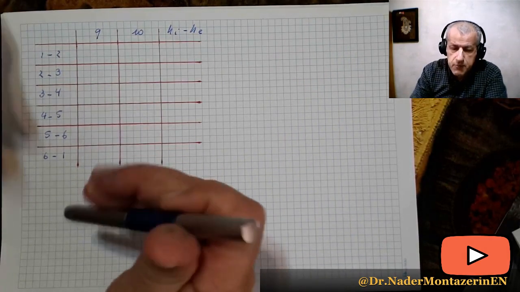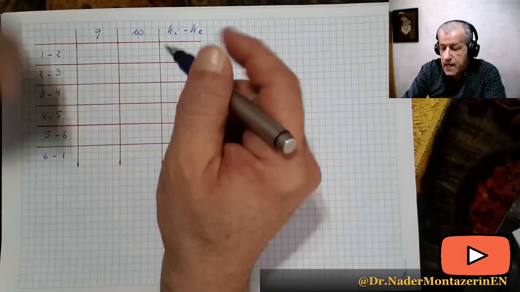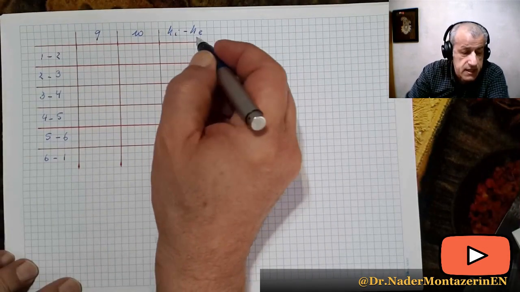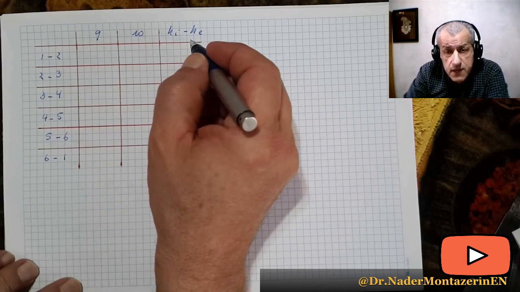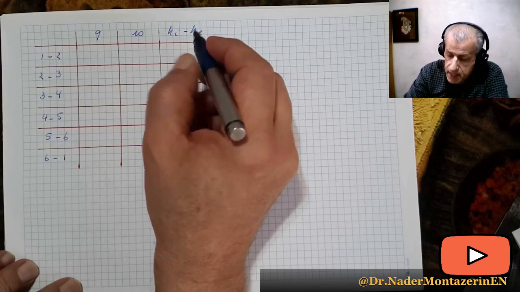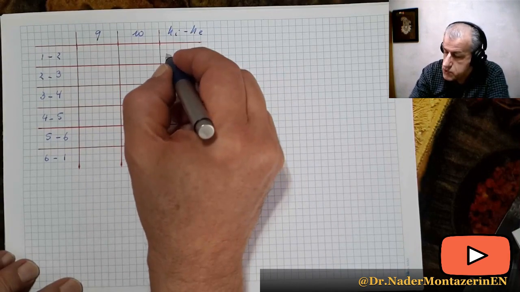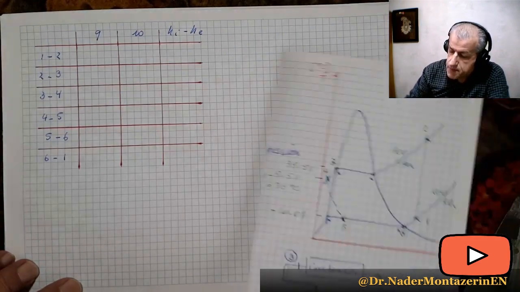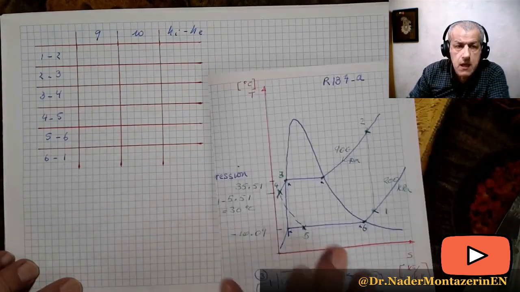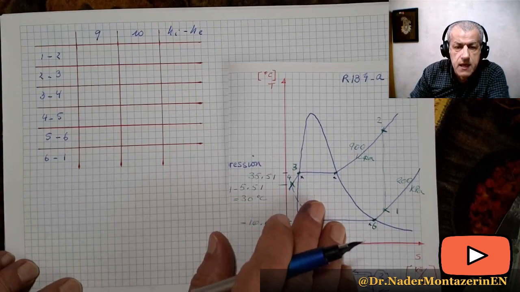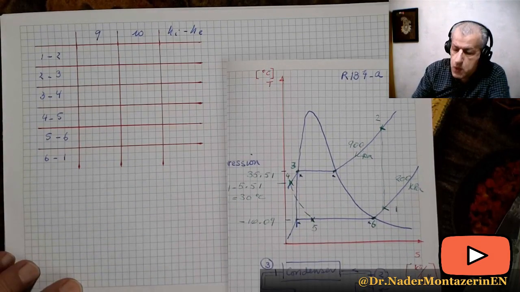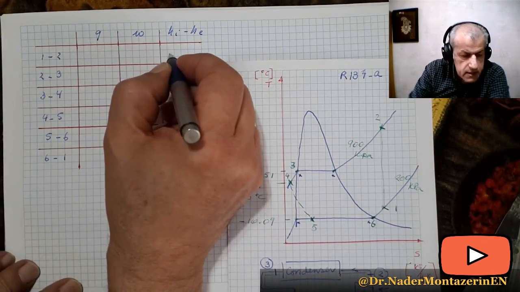But for the time being, we could easily calculate Hi minus He for each process of the cycle. I will just put our cycle here. For process 1, 2, Hi minus He is minus 32.83.